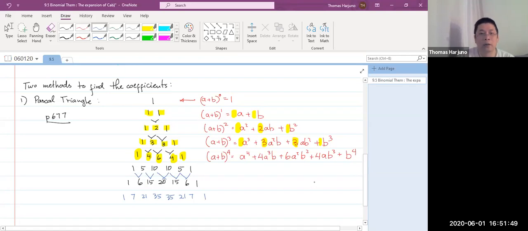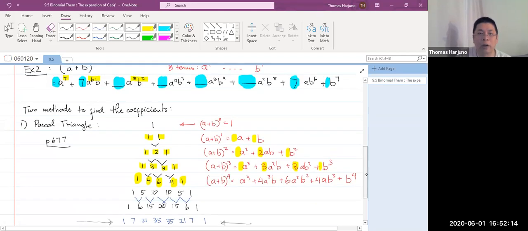One important thing to observe is that the order of those coefficients, if you read it from left to right, is the same if you read it from right to left. So the coefficients will be symmetric from the left-hand side and from the right-hand side.